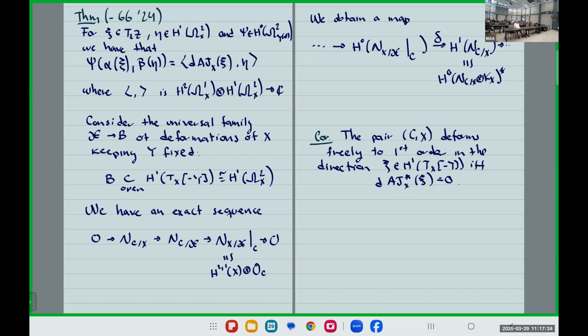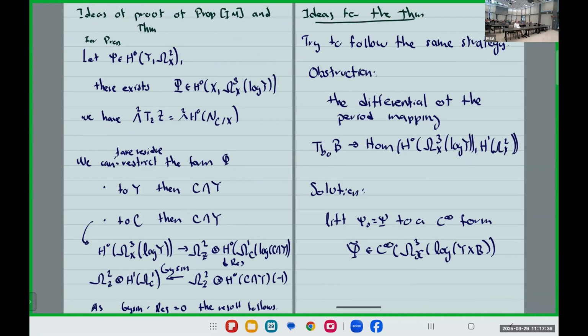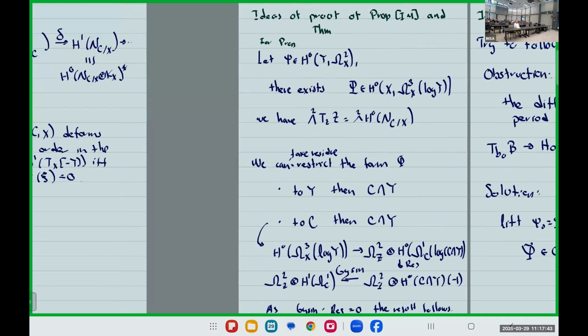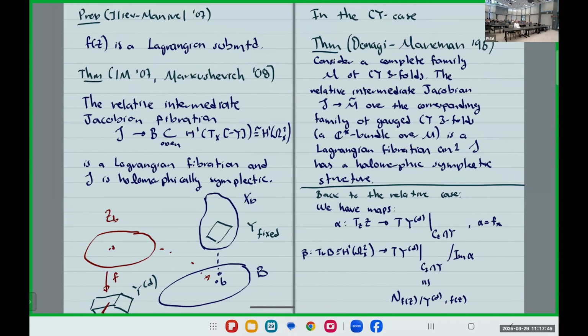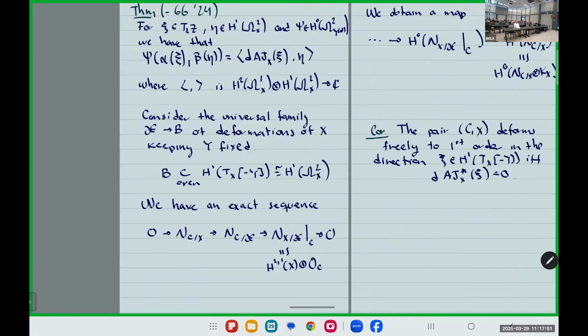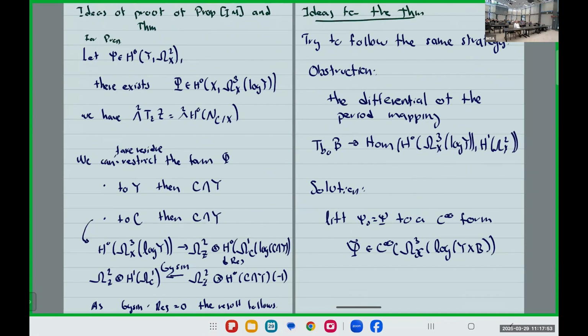Is this clear? So now let me give you a sketch of the proof, some ideas that we used. The first one is the idea for the proof of the proposition of Gillick-Manigel that the image of this parameter space of curves is a Lagrangian submanifold.